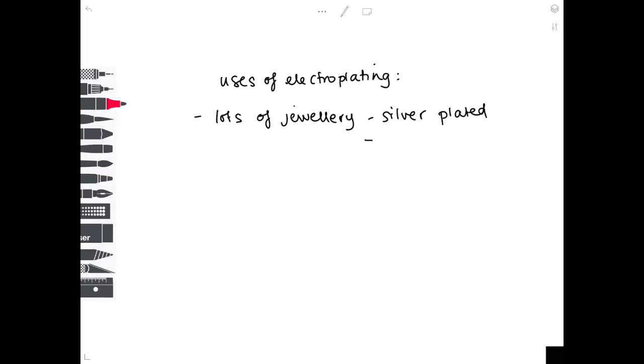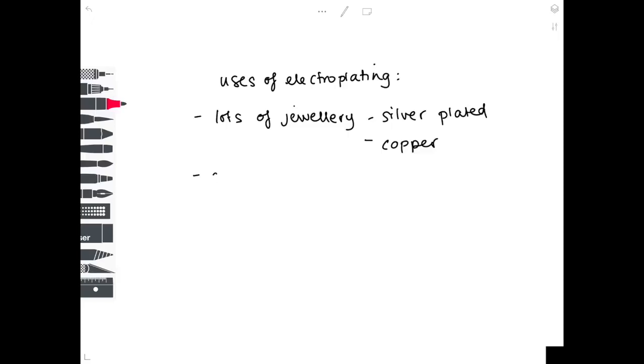And you tend to find that the actual necklace itself is made out of copper, and then it has a very thin layer of silver over the top. So why would we want to do that? Well, because silver is exceptionally expensive. It's very rare. There isn't very much found within the Earth's crust. Copper is way cheaper, so if you make the bulk of the necklace from copper, add the silver plate, you get the same effect. Obviously, the quality won't be the same.